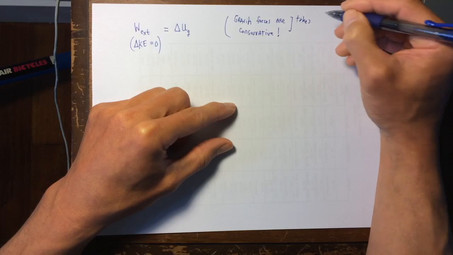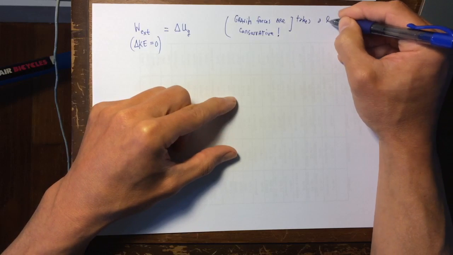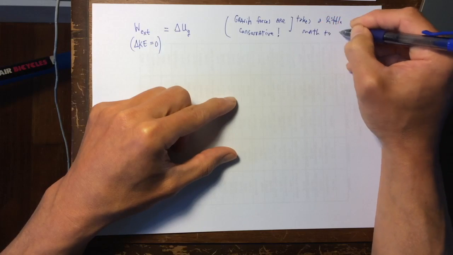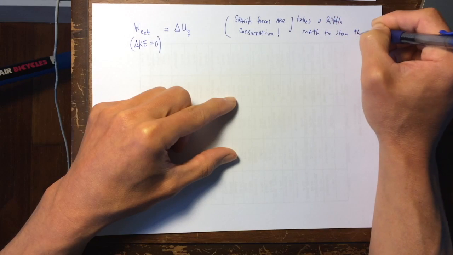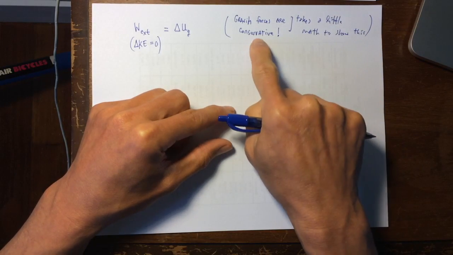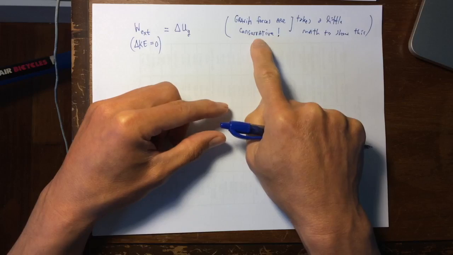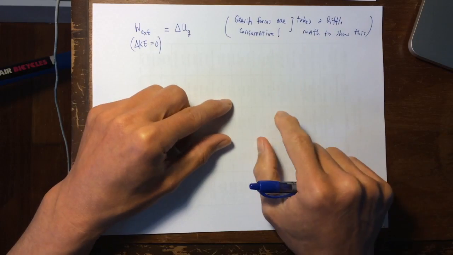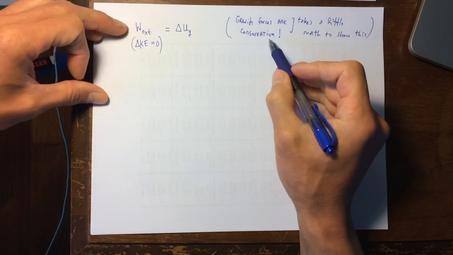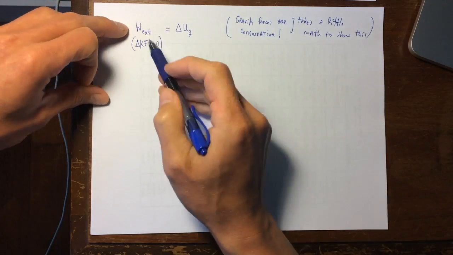Takes a little math, but you can show it. If you want to go and check that gravity is conservative, it takes a little work to do this. But I'm just going to tell you that they are conservative.